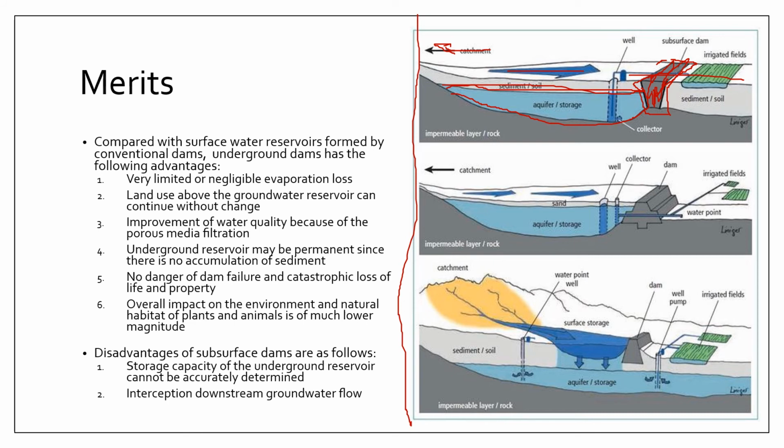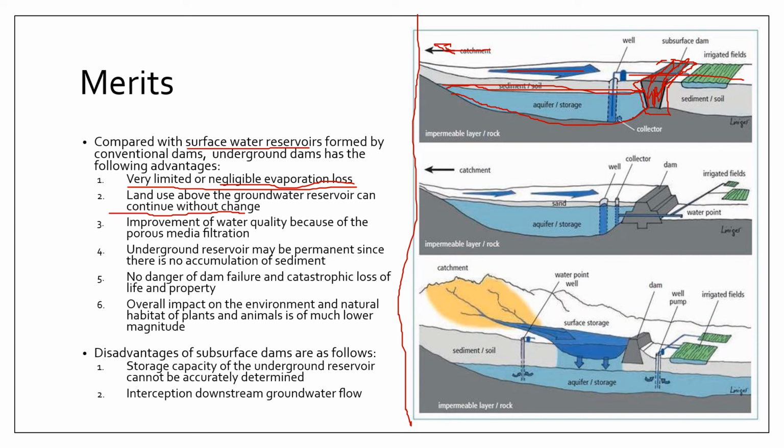Now, in terms of advantages compared to surface dams, there are several advantages for using subsurface or underground dams. First, of course, subsurface dams basically have water that is in the subsurface. So you have a minimal amount of water exposed to the surface for evaporation, so you more or less have very negligible evaporation loss.